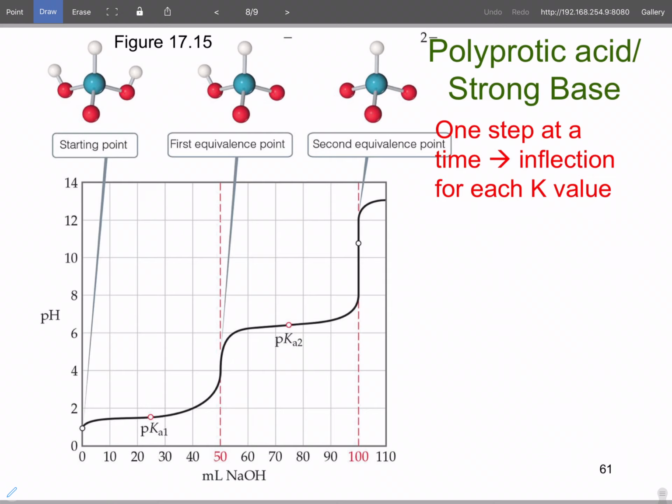The only other thing I want you to go back and look at, if you've still got your data, is your diprotic acid. You have one inflection. That's the first equivalence point, second equivalence point, and 2 buffer zones. So you'll see this. I won't have you graph one of these, but you should be able to go back and look at your titration graphs and see it.